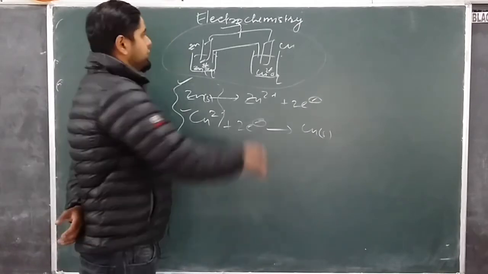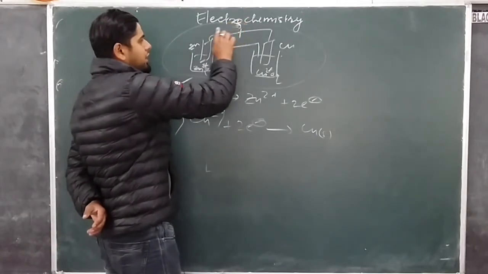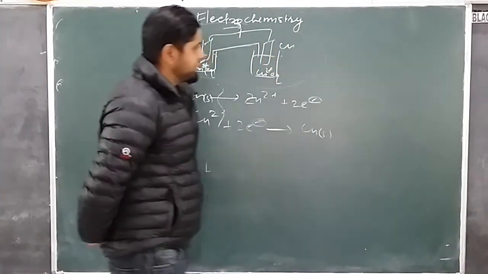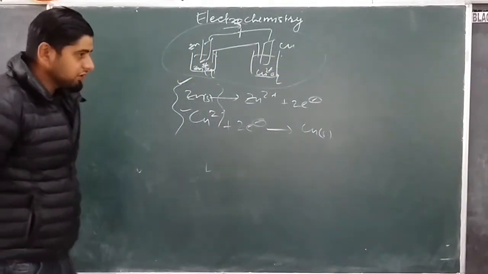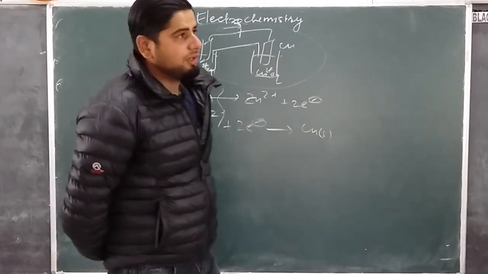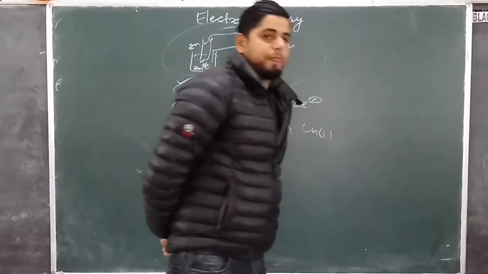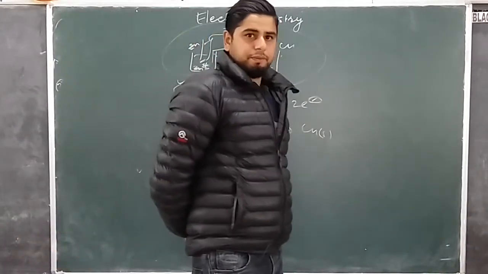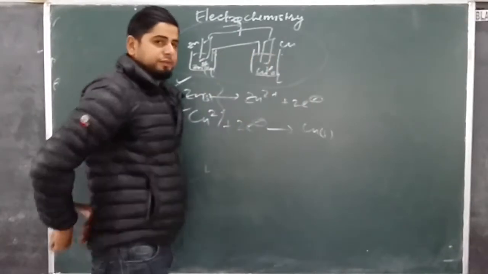Got it? Flow of electrons is possible only if there is a certain potential difference between the two electrodes. I think you have done this in physics also, in the current electricity chapter.